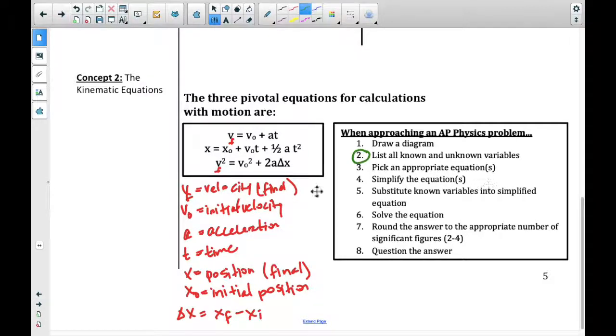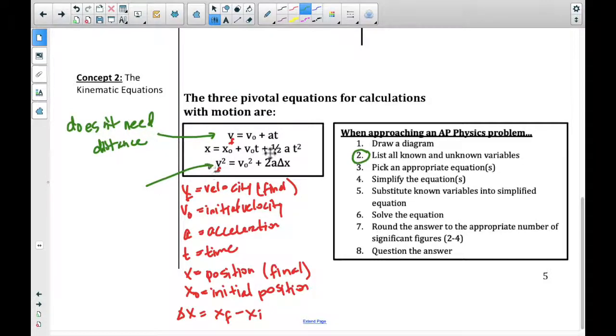So for instance, if you look at these 3 equations, once again, a lot of variables going on. But this top one, do you notice that there is not an X in here? So we're going to use that when we don't have an X or we don't need an X. So this one doesn't need distance. So anytime you have a problem that doesn't ask about distance, doesn't include distance, you will use this top equation.